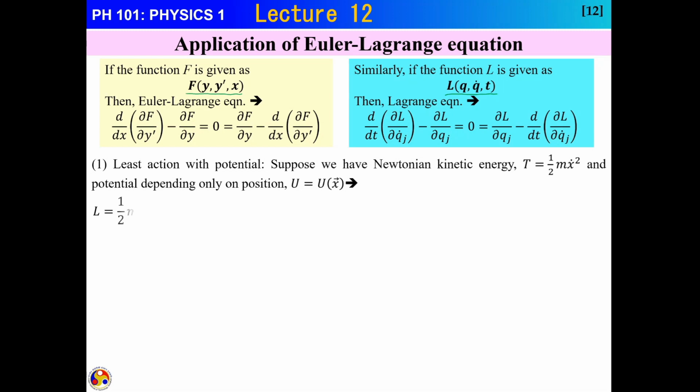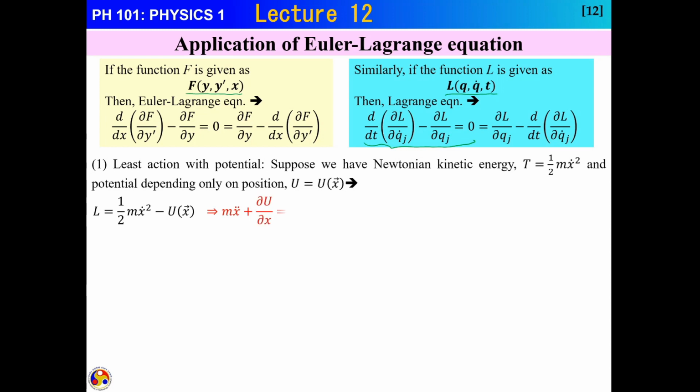The Lagrangian is the kinetic energy minus the potential energy. And this is a time dependent part, therefore we need to use this equation. So if I use this equation, the partial derivative of L with respect to x dot would be m x dot, and this is x dependent, so the partial derivative of L with respect to x would be minus dou U by dou x. So let us put it here.